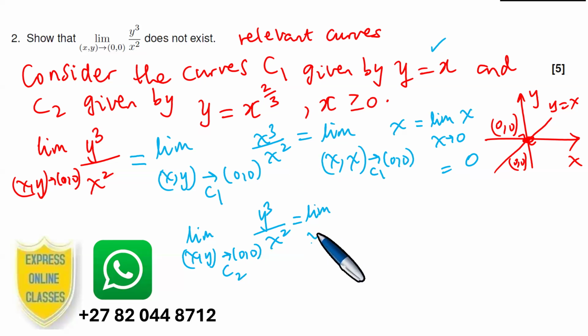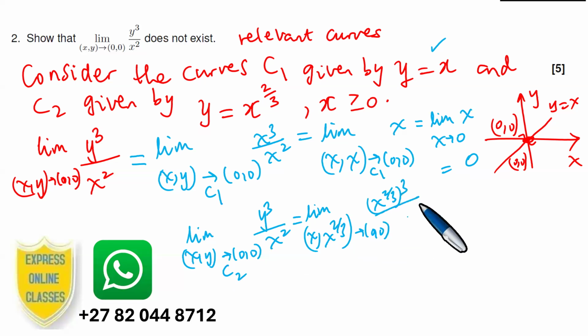This means that in the place of the y, you put x to the power 2/3, and this approaches the origin. You cube everything, and the denominator remains x squared.